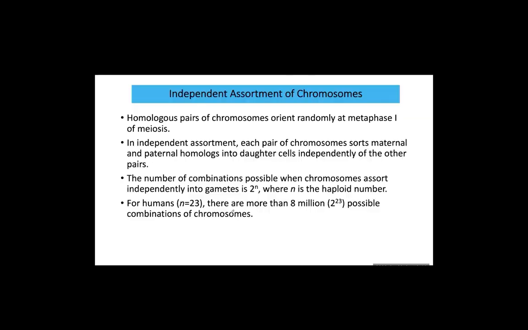All these conditions will produce more and more genetic diversity. So, independent assortment of chromosomes. Homologous pairs of chromosomes orient randomly at metaphase 1 of meiosis. In independent assortment, each pair of chromosomes sorts maternal and paternal homologues into daughter cells independently of the other pairs.